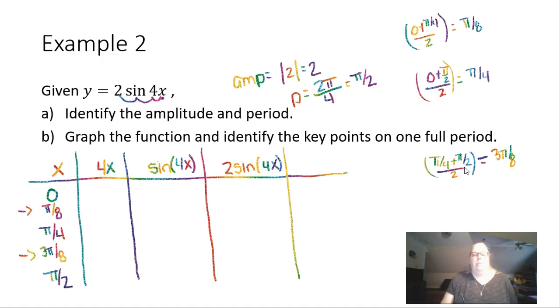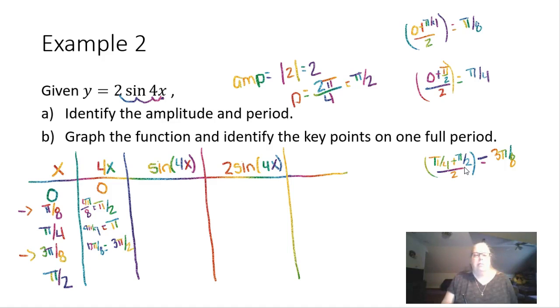Okay, in the next column, remember I'm supposed to take my angle and multiply it by 4. So 0 times 4 is 0. 4 times pi over 8, that's going to give me 4 pi over 8, but that reduces to pi over 2. 4 times pi over 4, that's going to give me 4 pi over 4, but that reduces to pi. 4 times 3 pi over 8, that's going to give me 12 pi over 8, but that reduces to 3 pi over 2.